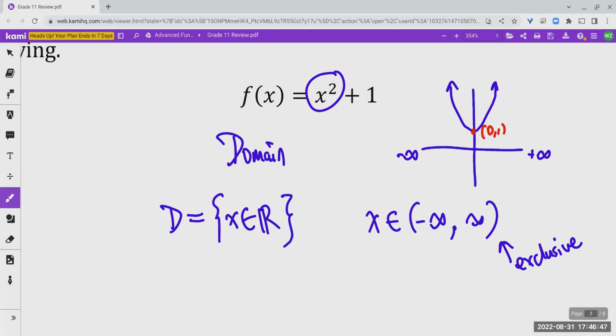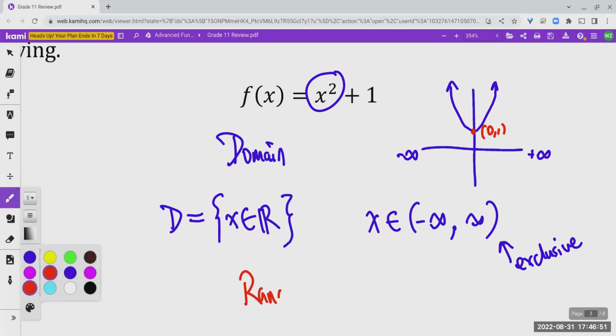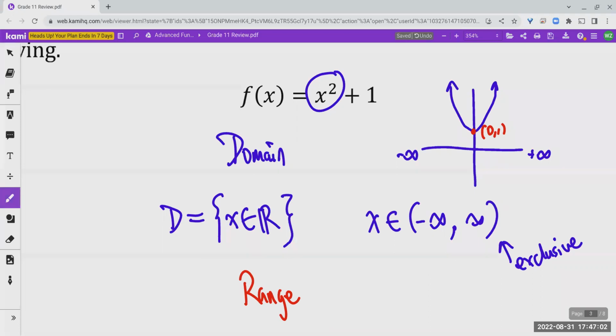All right, so the range is a bit trickier because the range is what the function will equal. The graph, well, it's not that bad. Just look at the graph. You can see that there's a minimum at y equals 1 and a maximum at infinity. So that's positive infinity, that's negative infinity.